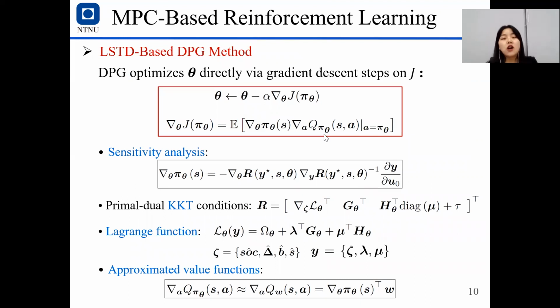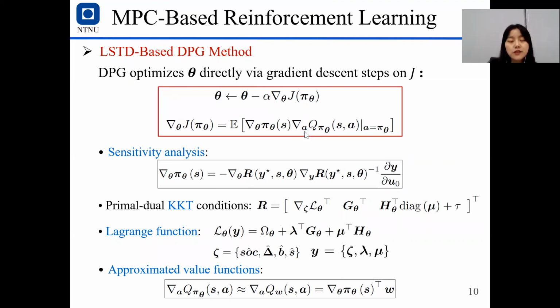Now the question is how should we update this theta? We use the LSTD-based deterministic policy gradient method, the DPG method. And this is a standard equation. And the gradient of J with respect to theta is calculated by this equation, where the first part is derived by doing some sensitivity analysis, where R is the KKT conditions and L is the Lagrange function.